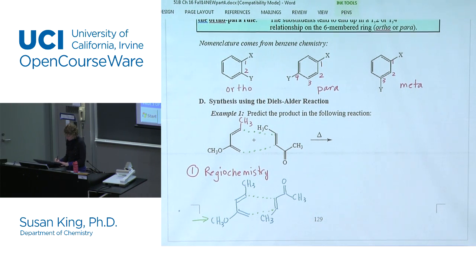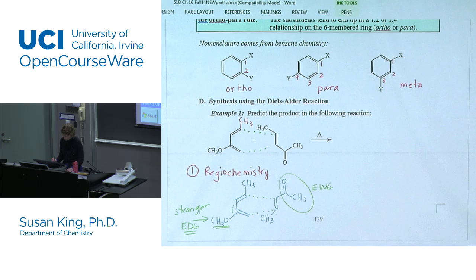This is the stronger electron donating group. We'll see that again in chapter 18. By the time we get through chapter 18, you'll definitely be able to know right away that that's the stronger one. So that's our stronger electron donating group, and over here is our electron withdrawing group.